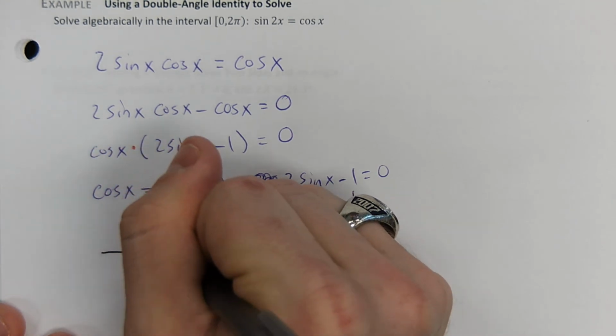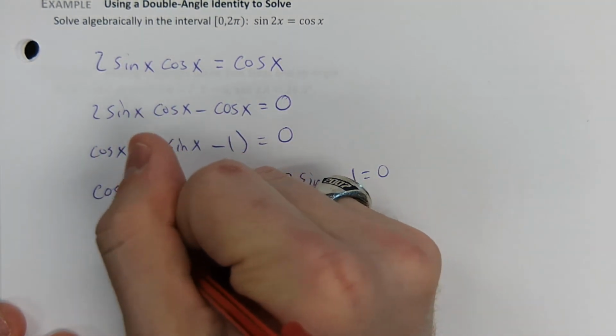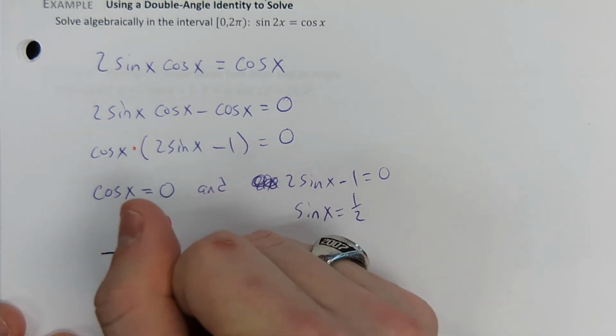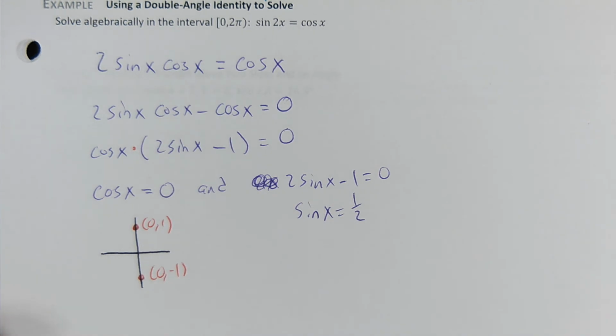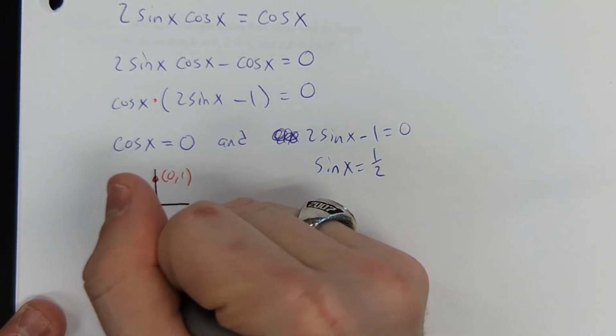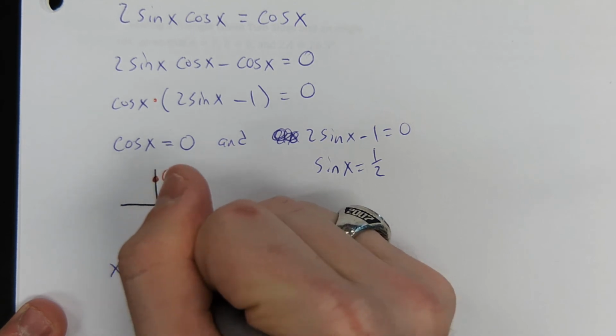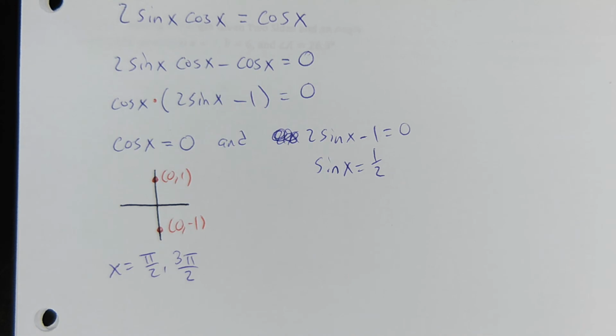So we're talking when we are here, because this is 0, 1, and when we are here, because this is 0, -1. So those two answers are pi over 2 and 3 pi over 2. Not bad, right? Easy peasy lemon squeezy.